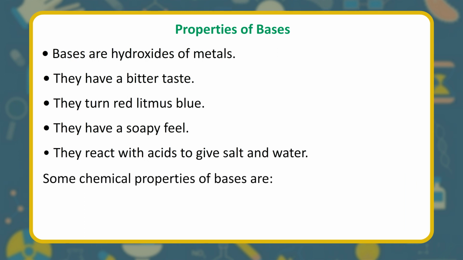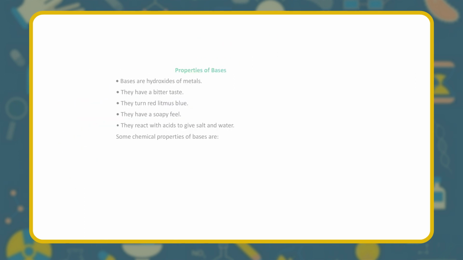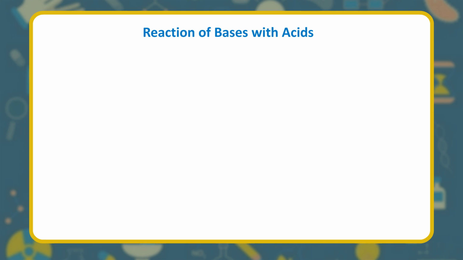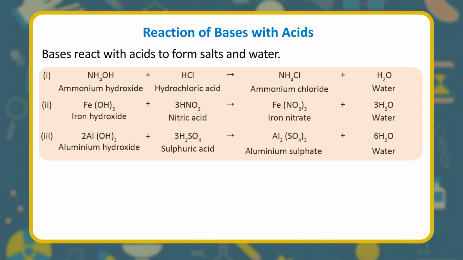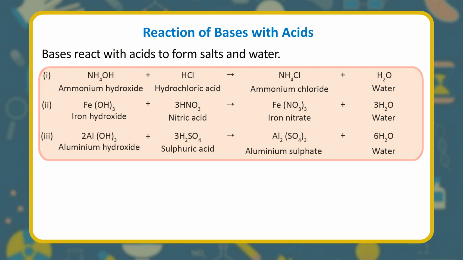Some chemical properties of bases: reaction of bases with acids. Bases react with acids to form salts and water. NH4OH, ammonium hydroxide, plus HCl, hydrochloric acid, gives NH4Cl, ammonium chloride, plus H2O, water.